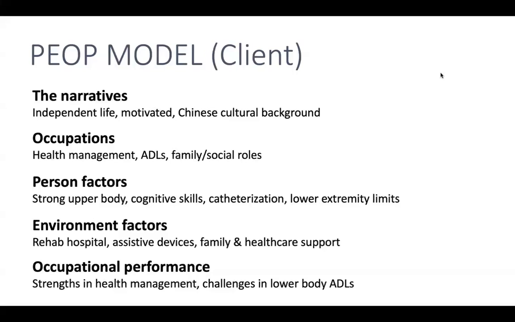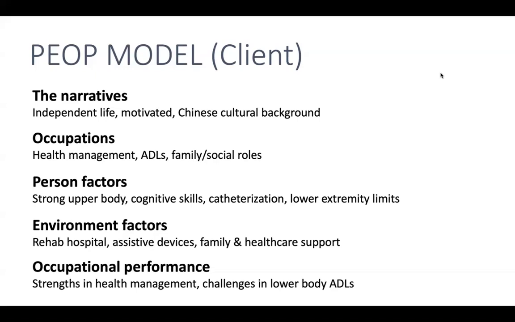family and social roles. Personal factors include a strong upper body, good cognitive skills, the need for catheterization, and limitations in the lower extremities.